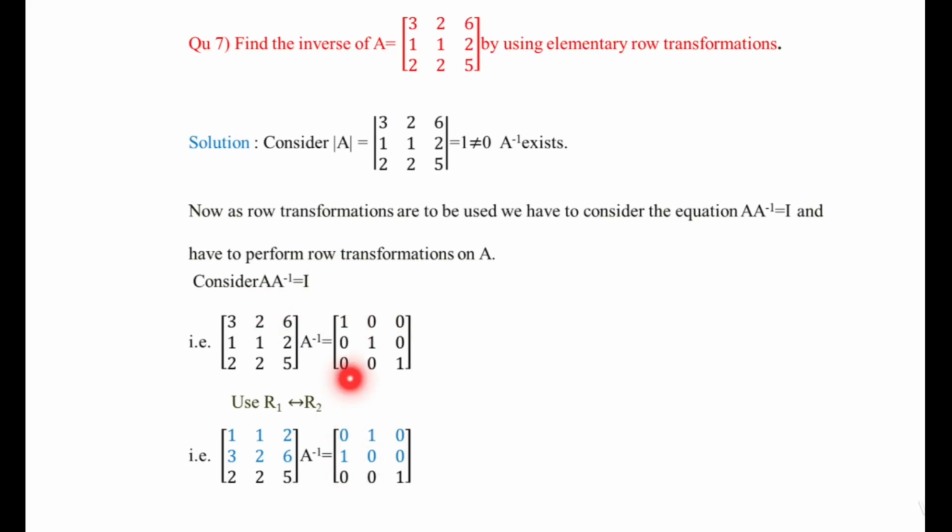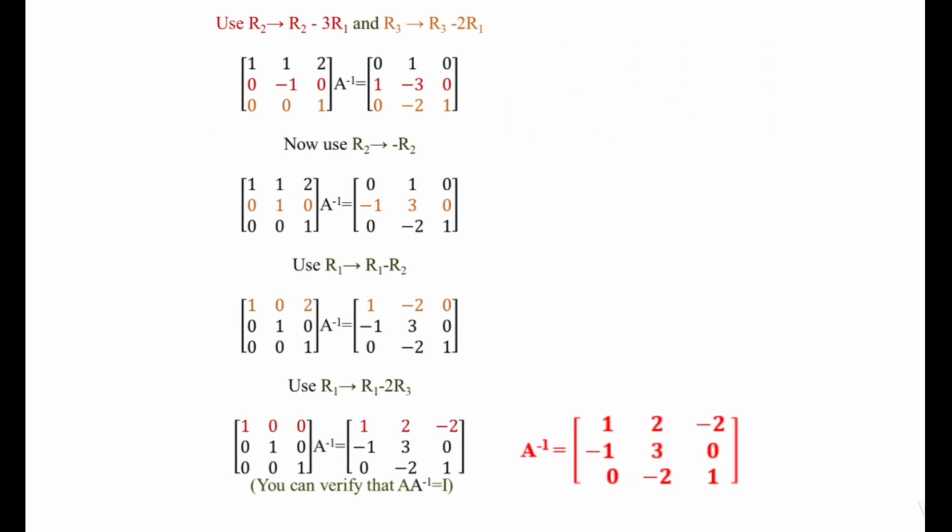Then use the first elementary row transformation as R1 changes to R2. Then the second transformation as R2 changes to R2 minus 3 times R1 and R3 changes to R3 minus 2 times R1.